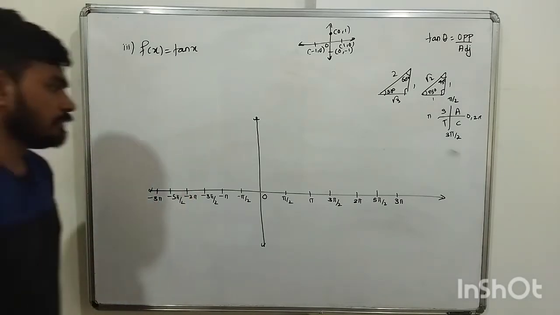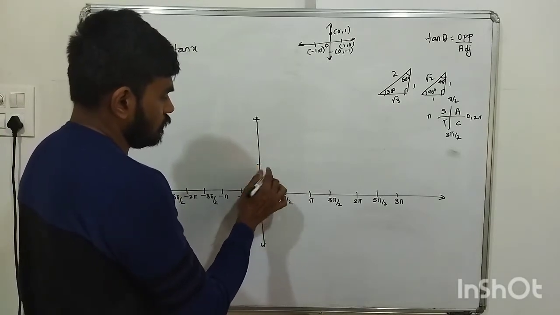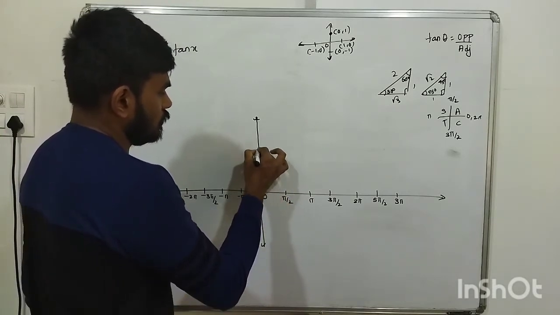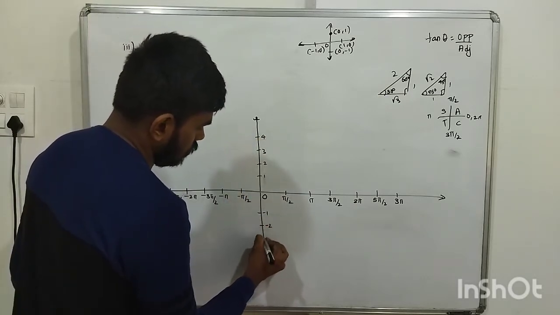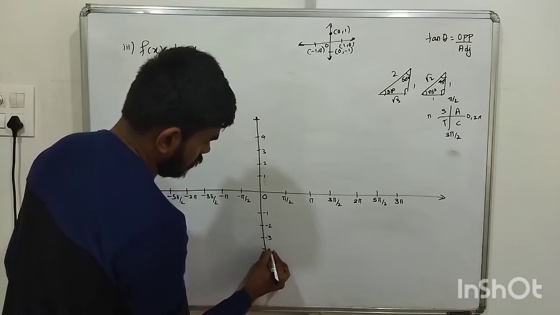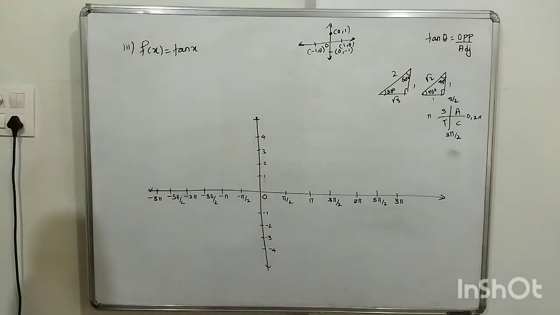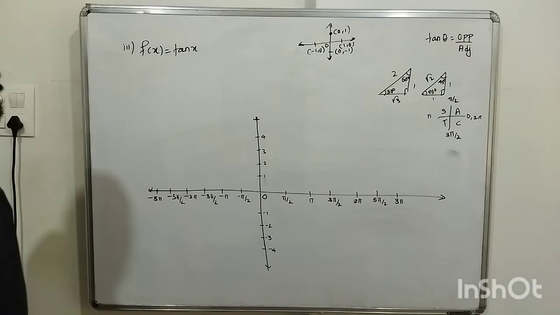And then here 0 is here, 1, 2, 3, 4, minus 1, minus 2, minus 3, and so on, minus 4 and so on. Like this we'll take. Now tan of 0, we'll see for these extremes.